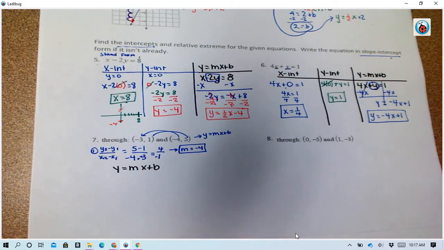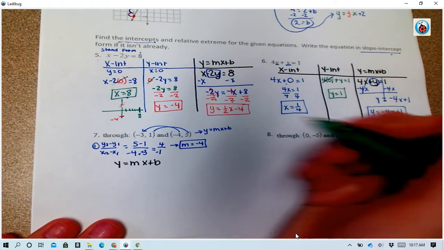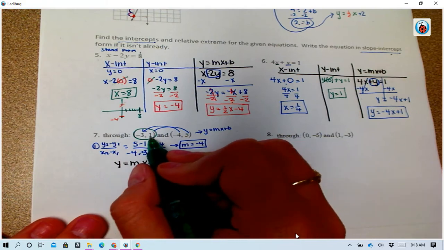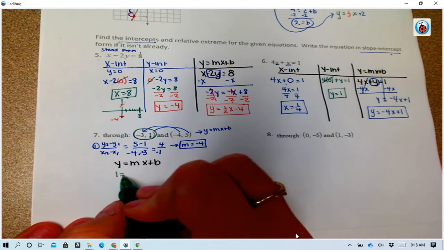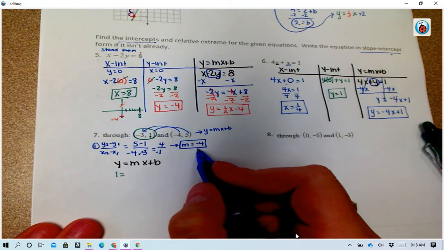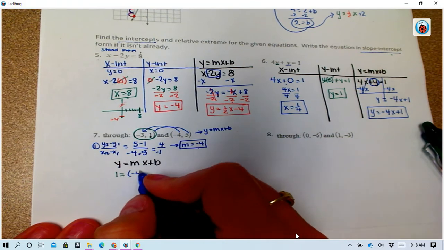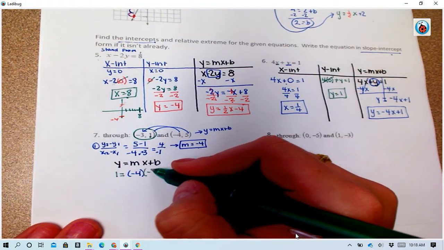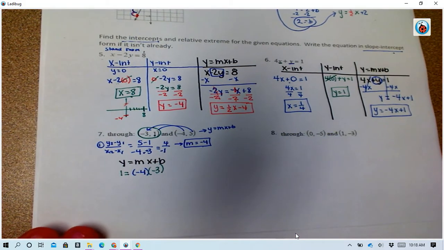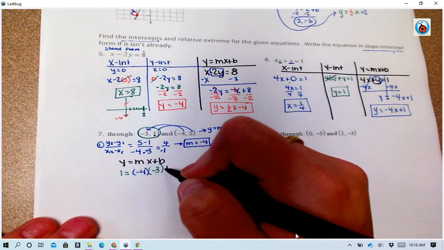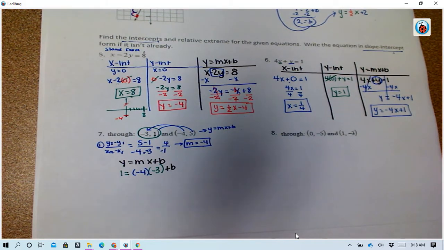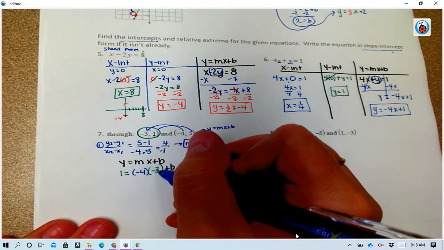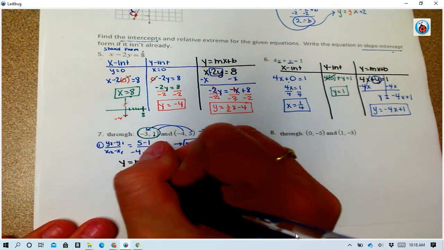I always use the first point, just makes it easier for me. So y gets replaced with the y value of the first point, which is 1. M is your slope, which gets replaced with the slope you just found. X is the x value of your point, which is negative 3. And we are trying to find the b value. So negative 4 times negative 3 is a positive 12.